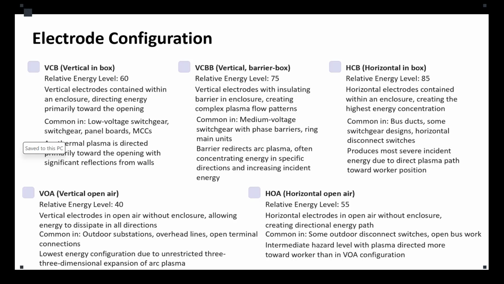Okay, these barriers may cause arc reflection and redirection, creating a complex plasma flow and a concentrated energy path. So these barriers may seem safer, but they can focus the arc energy. So they could create a higher localized incident energy. So pay attention to that when you work with these kinds of devices.